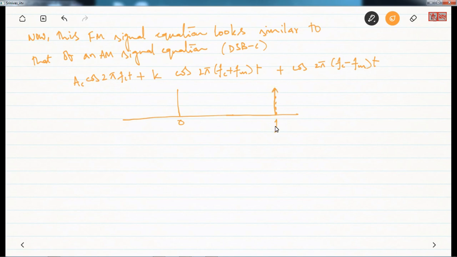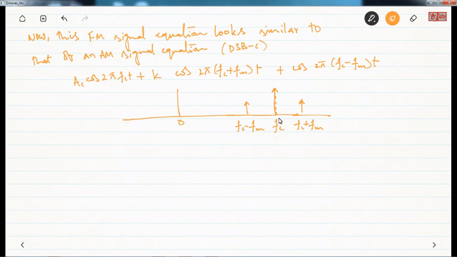This is FC, this is FC plus FM, this is FC minus FM.